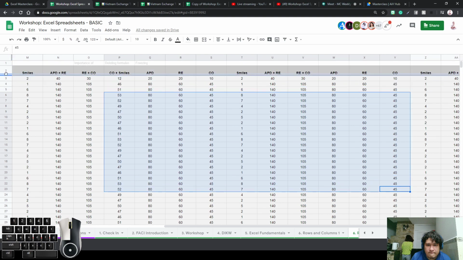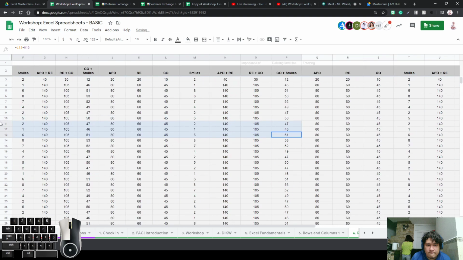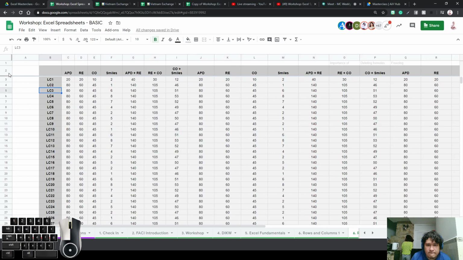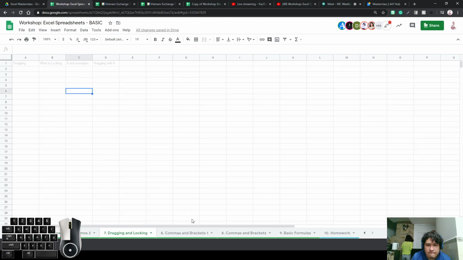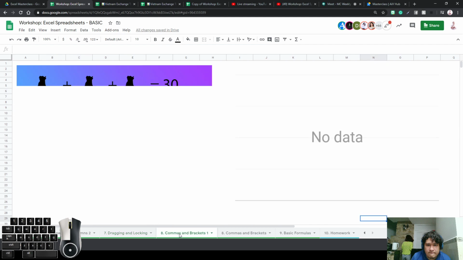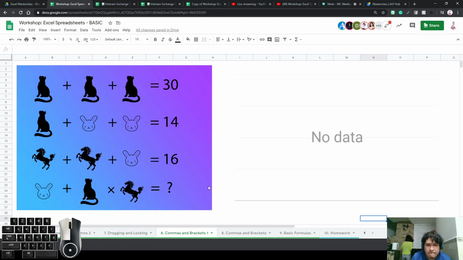So that's why it's important to freeze, but that's just if you have a lot of data. Okay, I'm gonna try to finish very fast because it took a lot. I think now it's gonna be fast because I'm gonna skip this dragging and locking because we can talk about it later. Because I have a challenge for you.